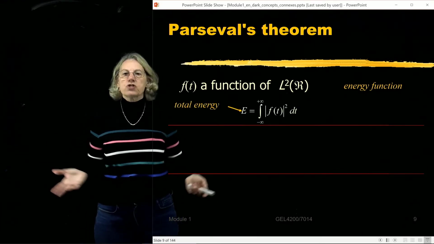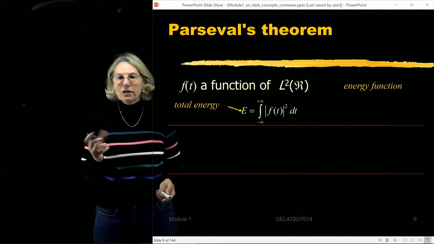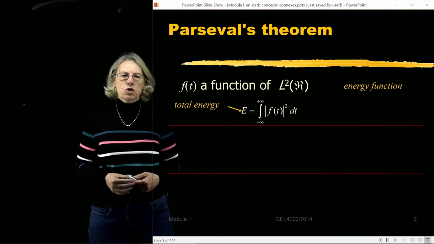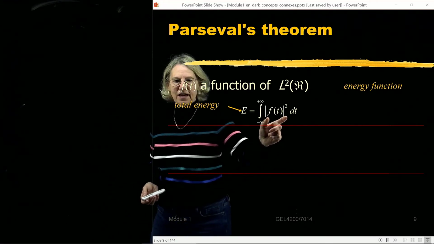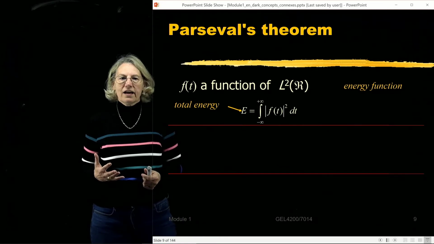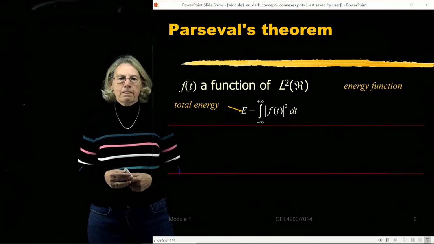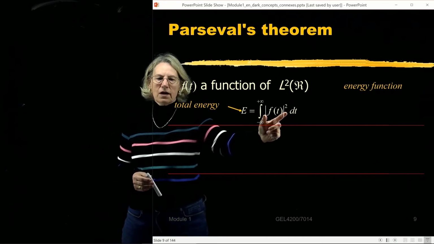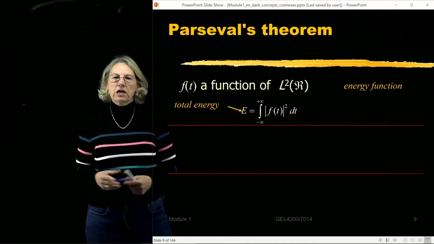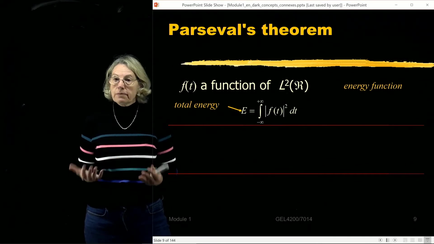Energy function means that the function f of t is in L2. Because we think of f of t as a voltage going through a unit resistance, when I take the square of this function and take the integral, it's like measuring the energy of that signal. You'll notice I use the modulus because I allow for the function of time to be a complex signal.